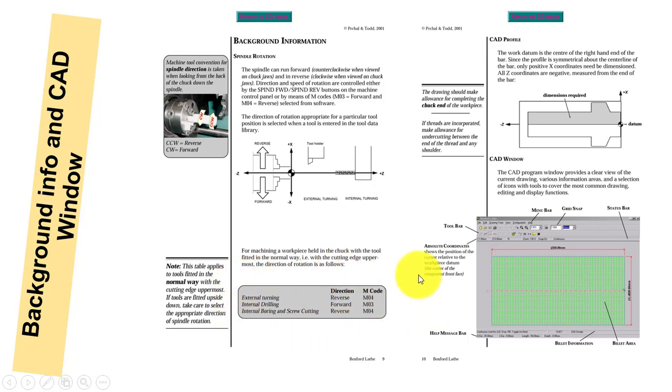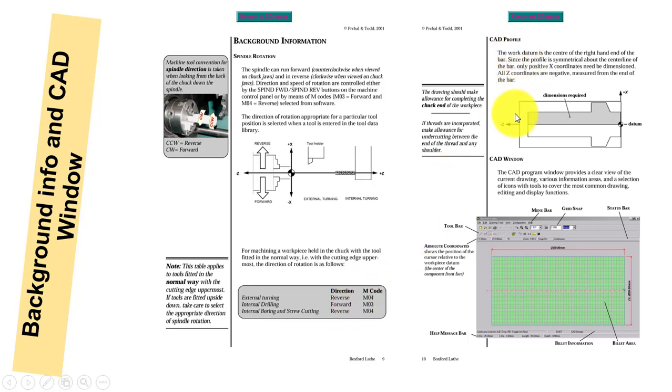This information is very important when you do a turning operation or internal drilling operation. The directions of the chuck will be reverse to each other, and you can use these codes when doing these operations from the software.